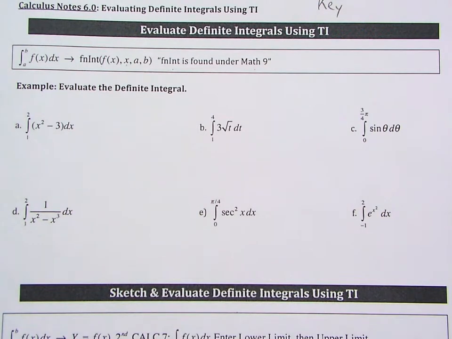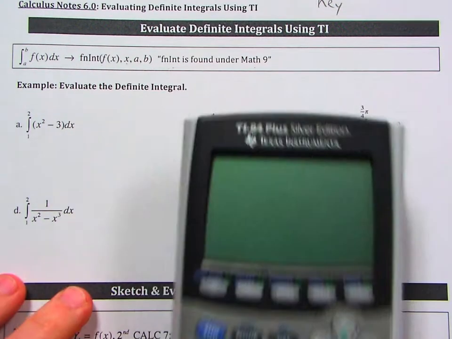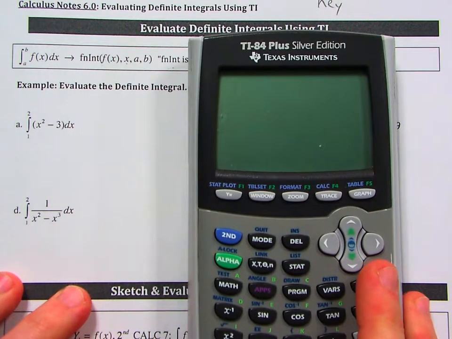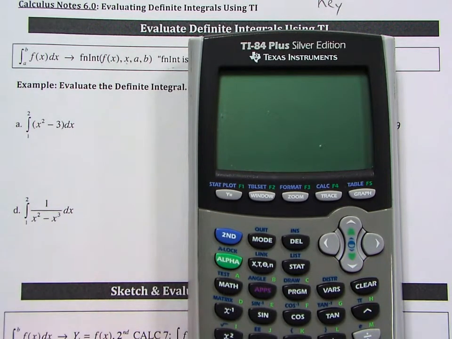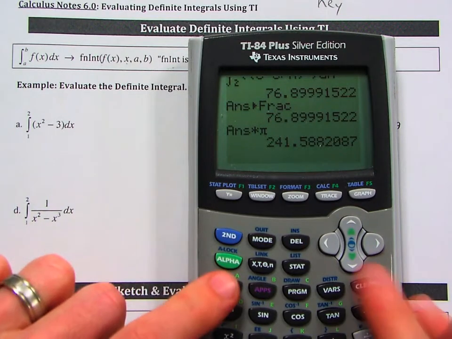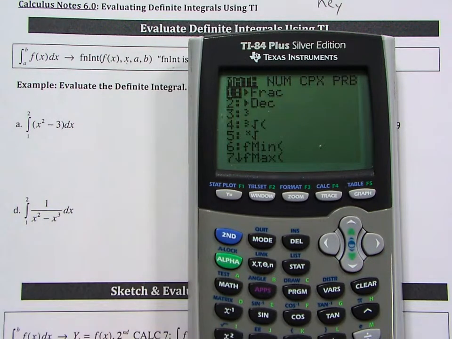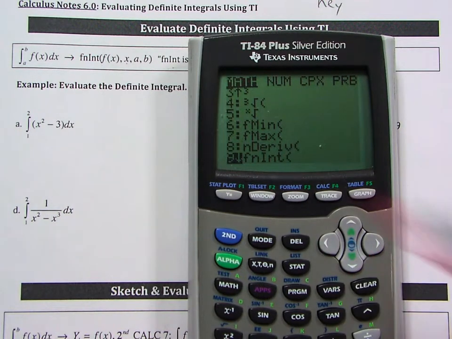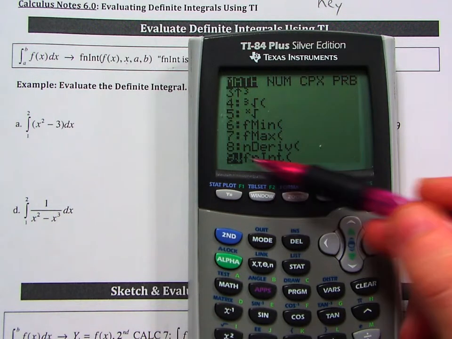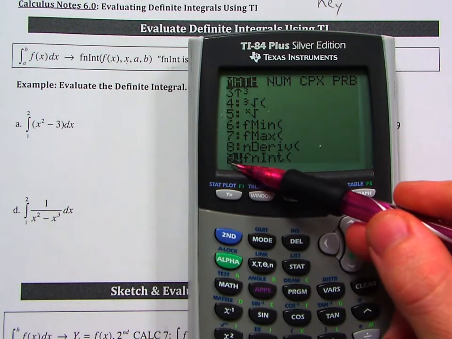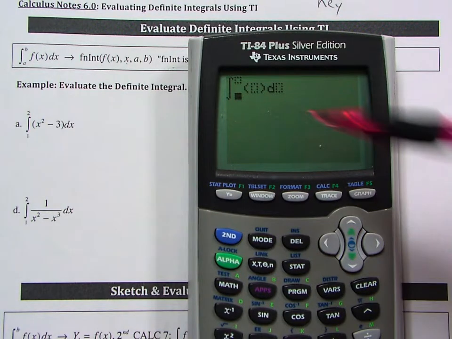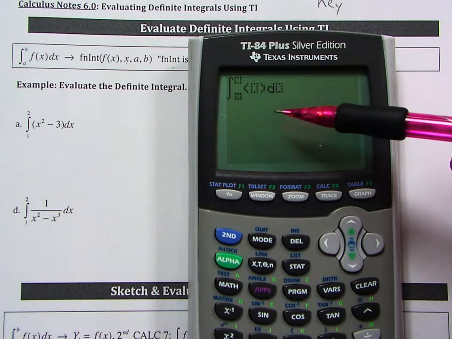We're going to take a look at it through two different calculators, starting with the TI-84 Plus. If we go into math and scroll all the way down, you're going to see fnint. You can also see it's number 9, so you could just push 9. On my calculator it's set up more visually, the way we're used to seeing it.